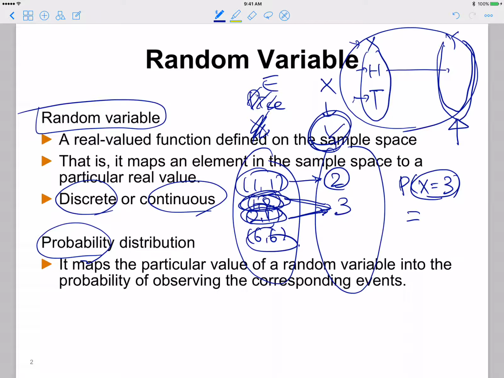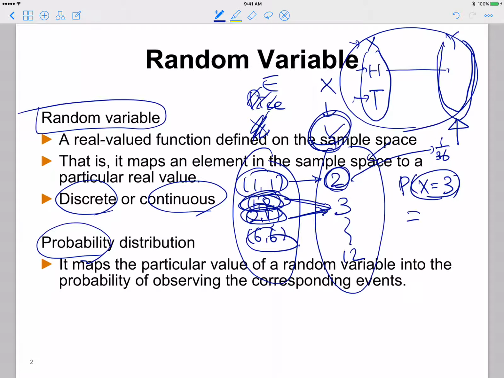And then we consider all the possible probability values for all the different y values. So in this case, the y value can range from 2 to 12, right? And this guy will have a certain probability value of 1/36, right?